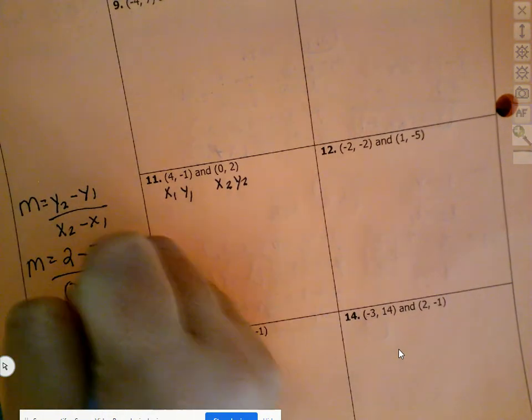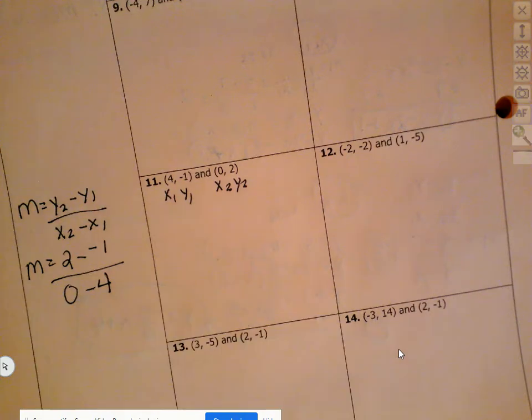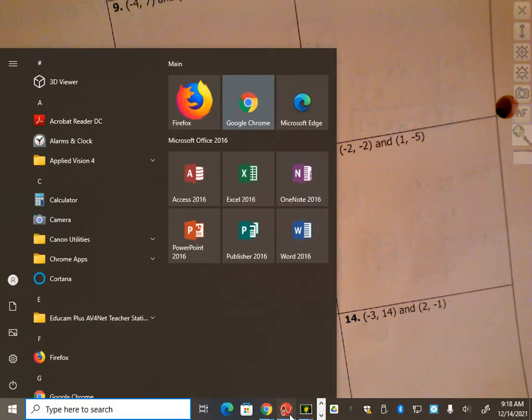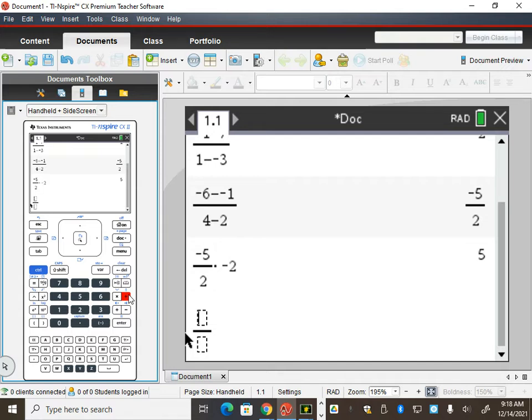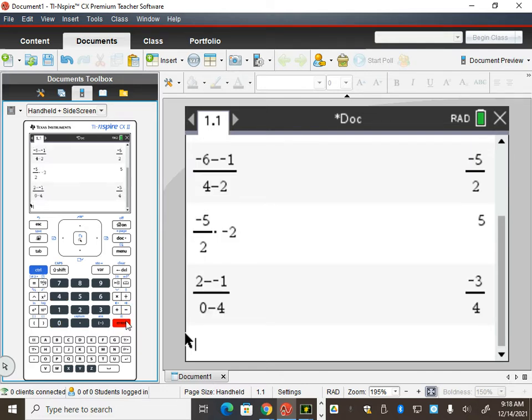And x2 is 0 minus 4. So we're going to pull up our calculator. We're going to do control divide. We're going to do 2 minus a negative 1 over 0 minus 4. Hit enter. And we get our slope is negative 3/4.